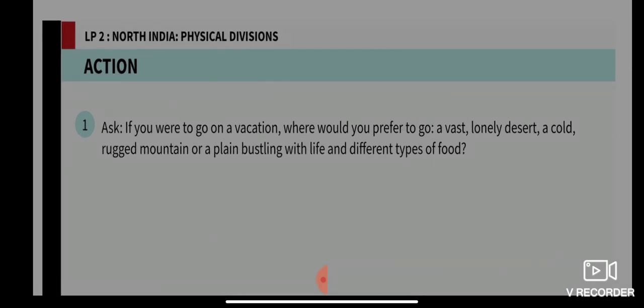Now, take the example: if you were to go on a vacation, where would you prefer to go? A vast, lonely desert, a cold rock mountain, or a plain bustling with life and different types of food?